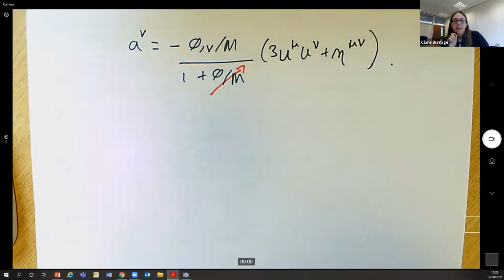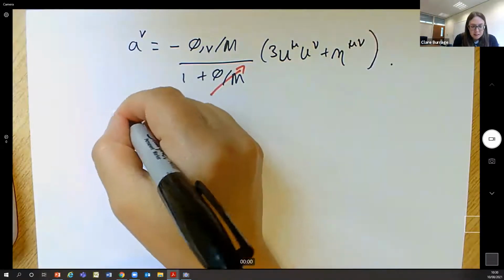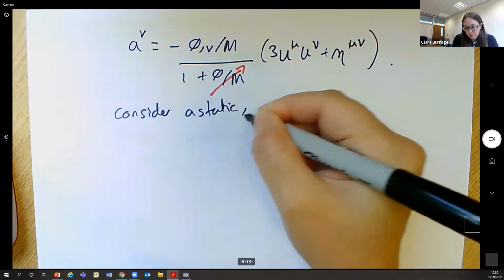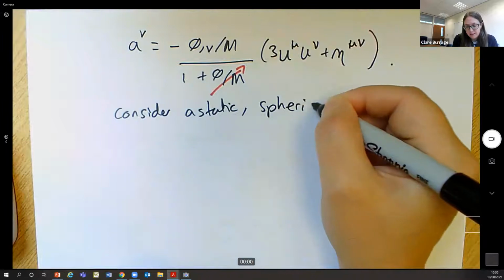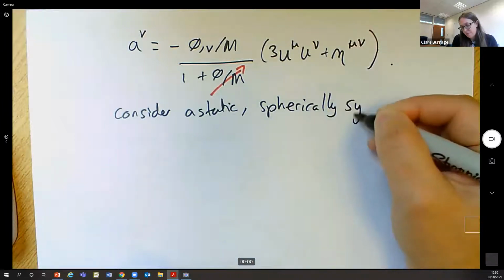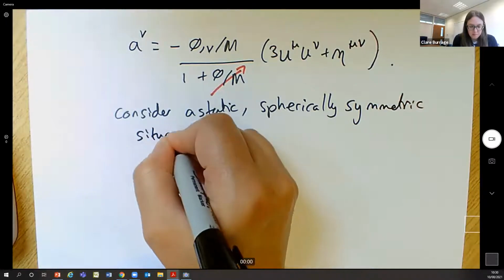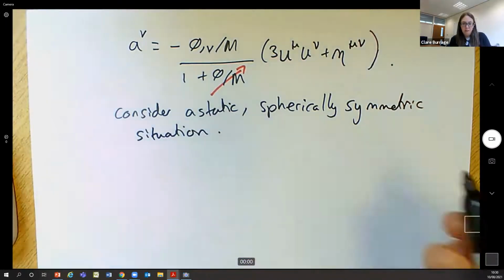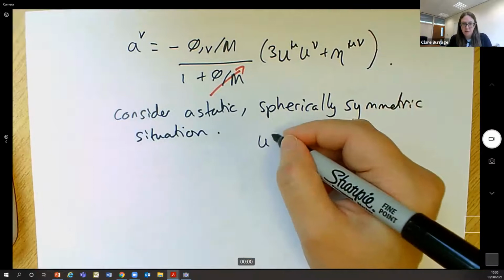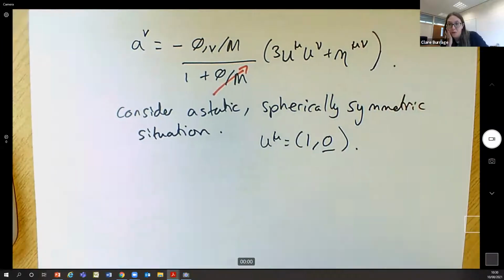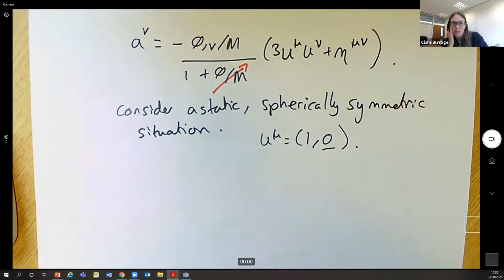And so it's not immediately looking like a force law that we recognize, but if we consider a static, spherically symmetric situation, then we're going to set our four-velocity just to be things moving forwards in time and not moving in space.